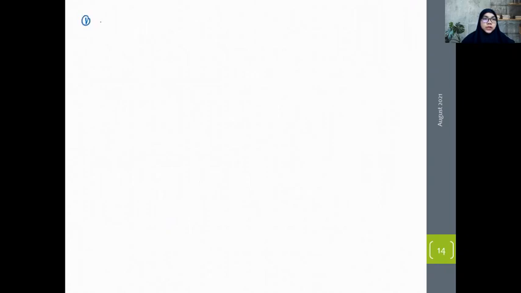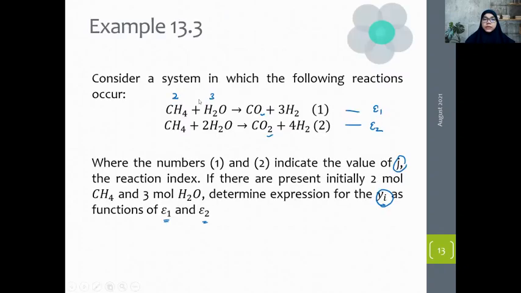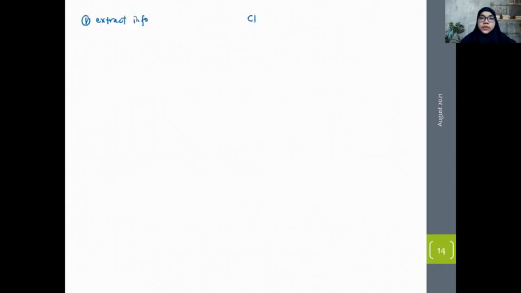So the first step is to extract all the information. Maybe I can write up the equations first. CH4 and H2O produce carbon monoxide and hydrogen. So balance the reaction. And then the second is the same reactants but producing CO2 and hydrogen.